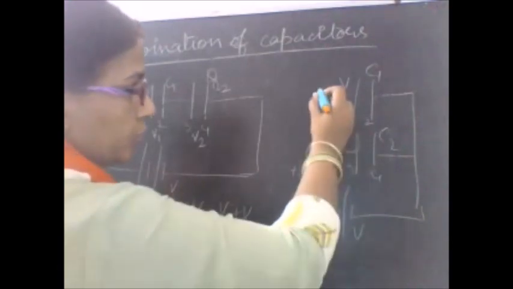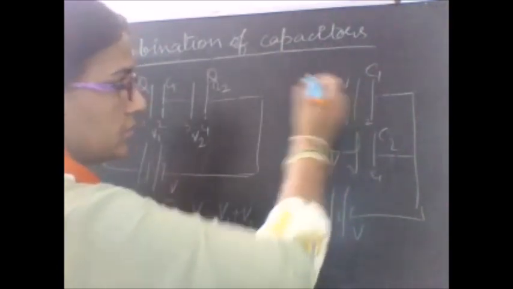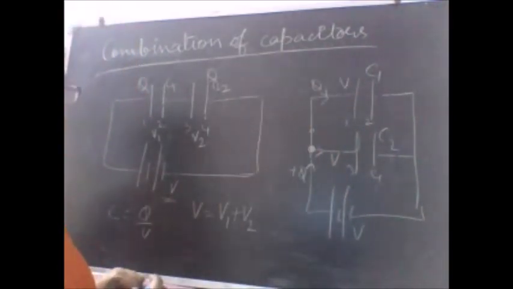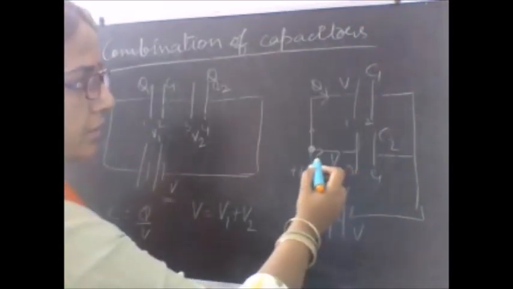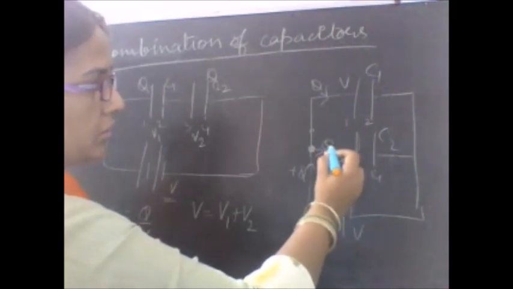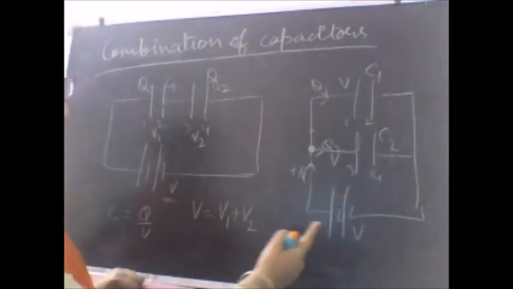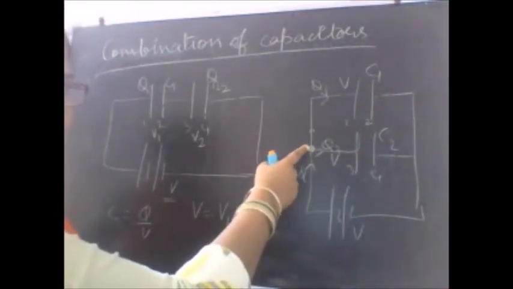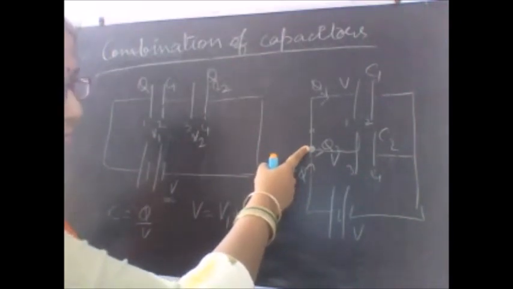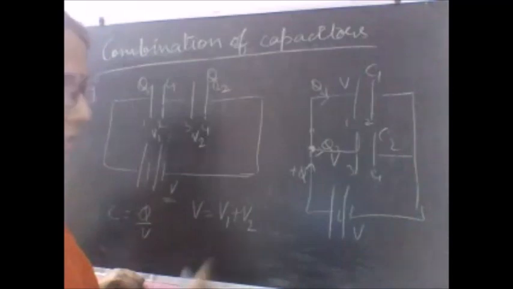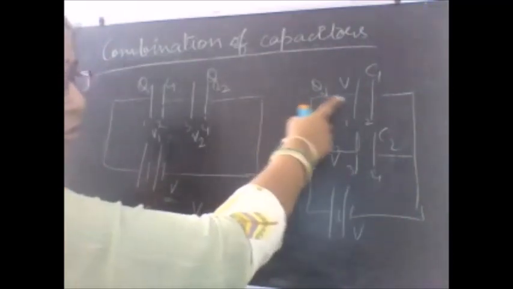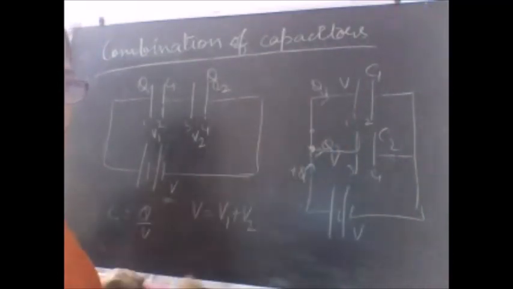So I'll say that okay, charge across C1 is Q1, and the charge across C2 is Q2. The charge which is offered by this terminal at this nodal point is going to divide. A part of the charge will go to the capacitor C2 and charge it, and the remaining part, say Q1, will go to the capacitor C1 and charge it.